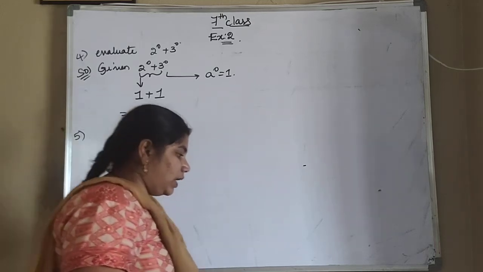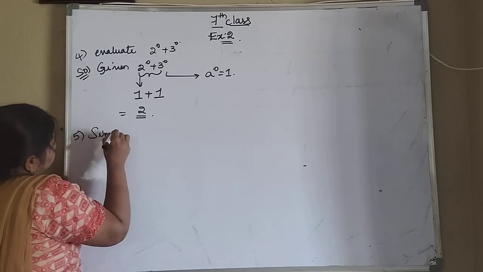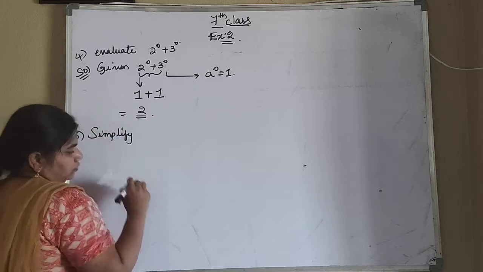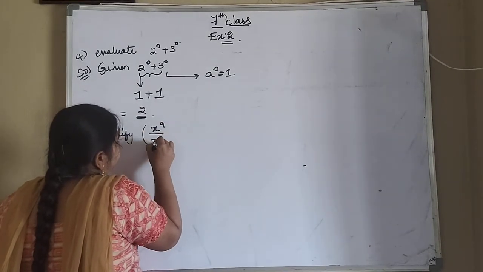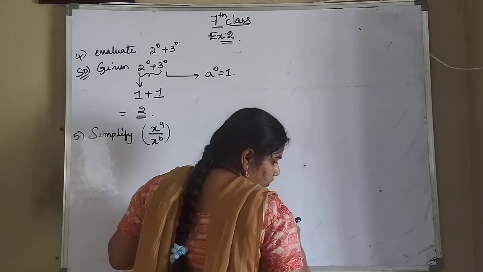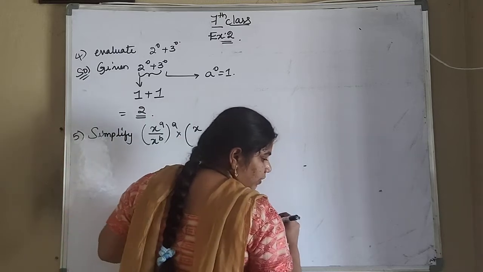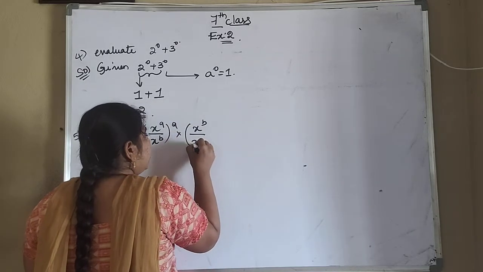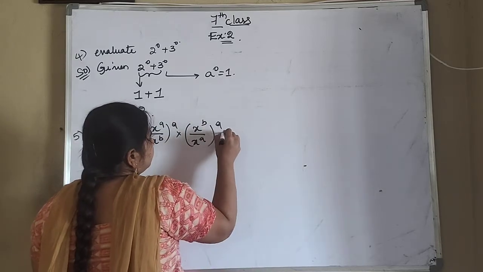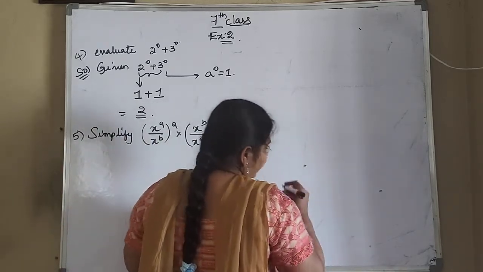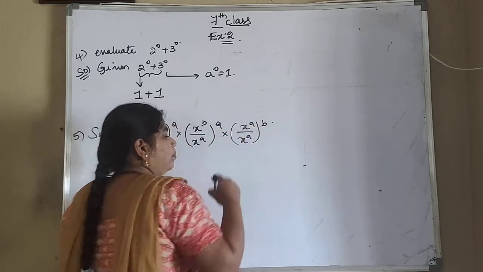So next, fifth one: simplify x power a by x power b whole power a, into x power b by x power a whole power a, into x power a by x power a whole power b.